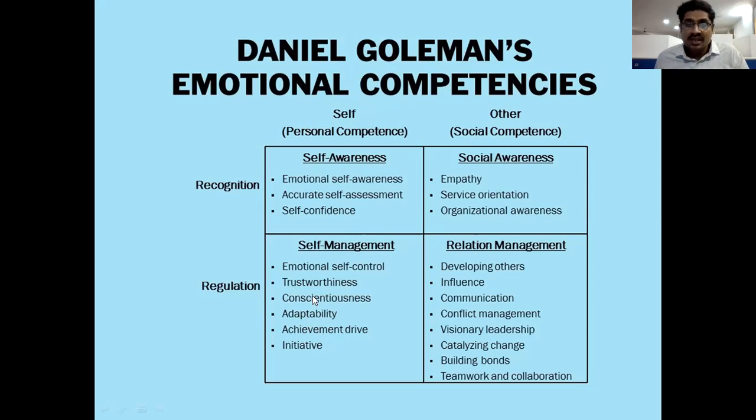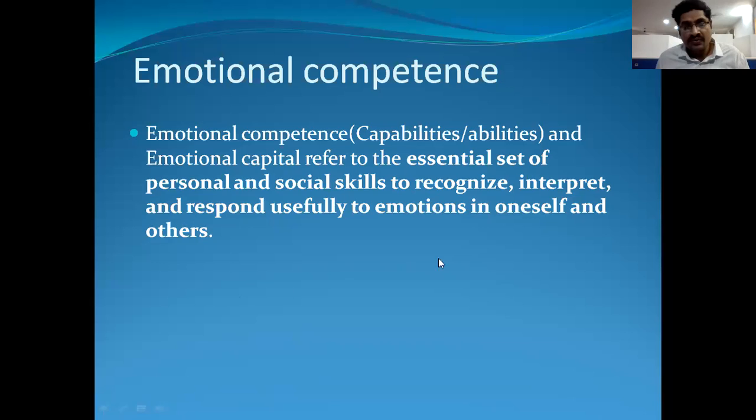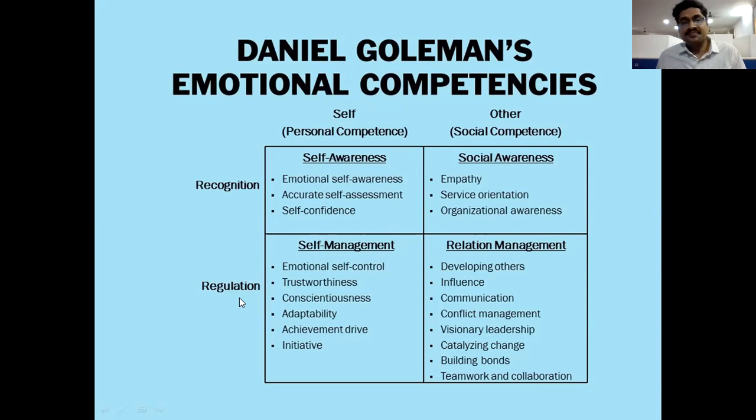Based upon all these points, the two very important things are emotional self-control and adaptability. Adaptability means observing others, gaining some knowledge, and interpreting in front of the society. So these are all for self-management, in the part of interpreting and responding usefully.